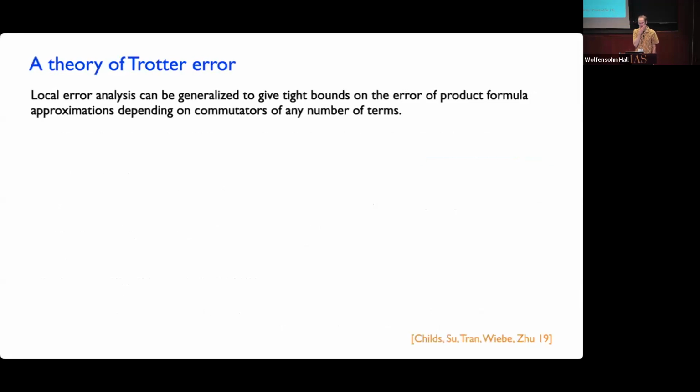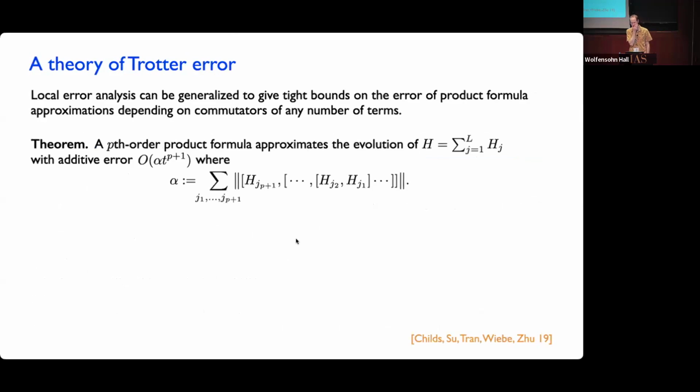Actually, this idea can be generalized to give bounds for arbitrary product formulas that depend on commutators, which, if you consider higher order formulas, you have to nest to higher levels. So here's something you can prove. If you consider a pth order approximation of the dynamics, then the error will go like t to the p plus 1.